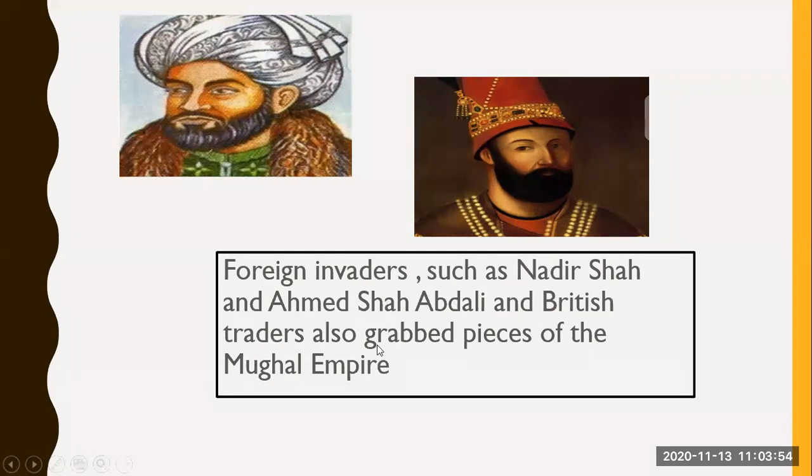They all grabbed pieces of the Mughal Empire, meaning pieces of land which were ruled by Mughal emperors. Because we know that Bahadur Shah Zafar was defeated by the British, so of course they grabbed the pieces where Mughals used to rule.